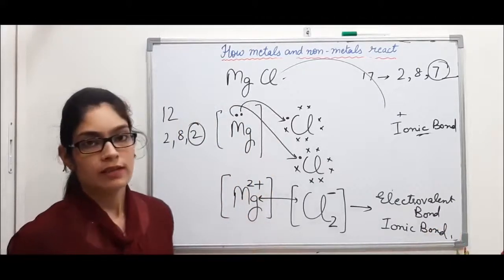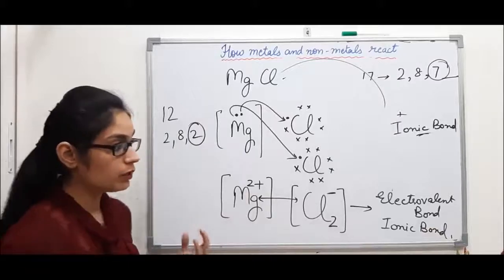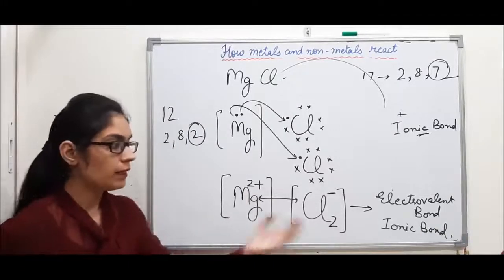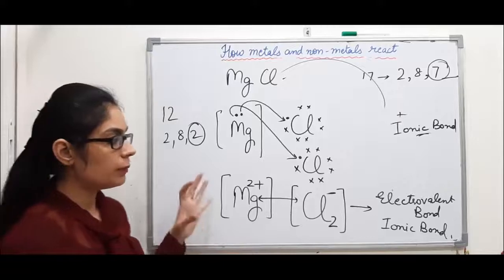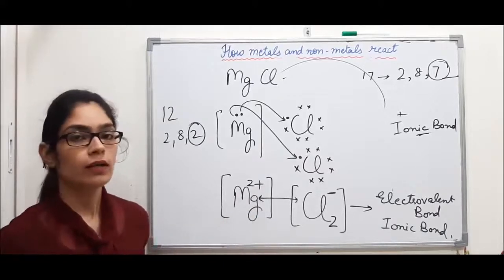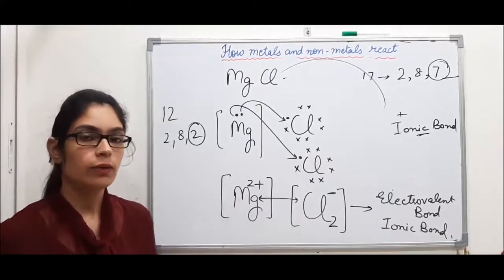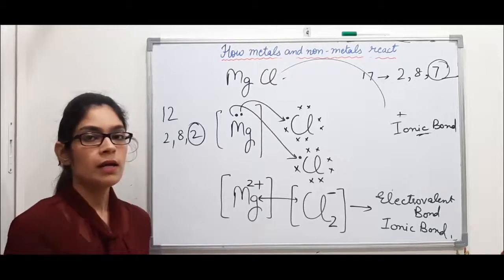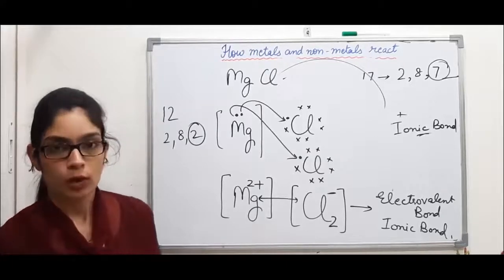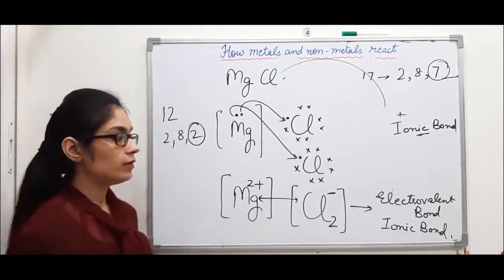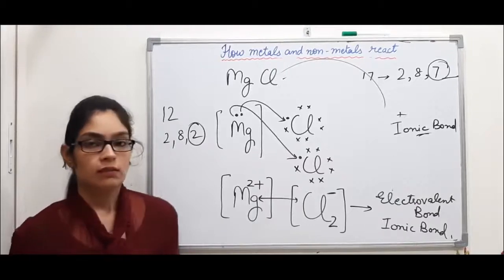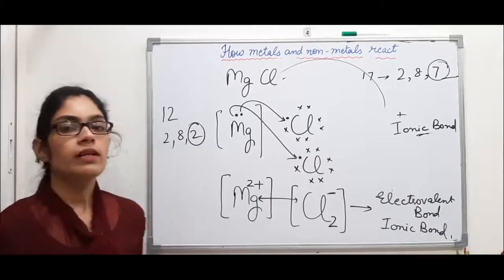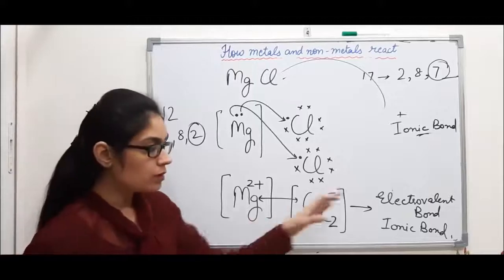Again, transfer of electrons has taken place. So this is how metals and non-metals react. In order to attain stability, or noble gas configuration, metals lose electrons and non-metals gain electrons. So now let us understand the properties of electrovalent compounds, or properties of ionic compounds.